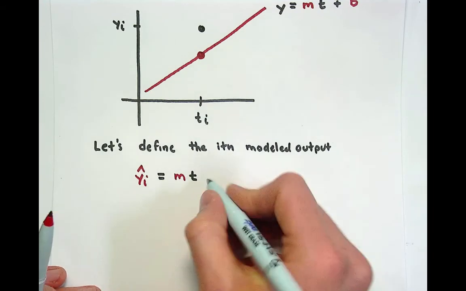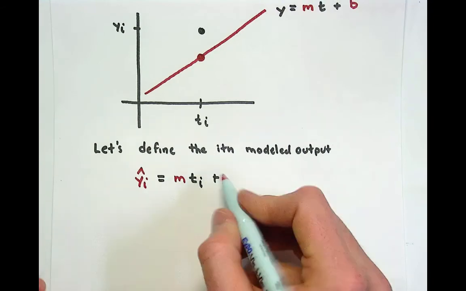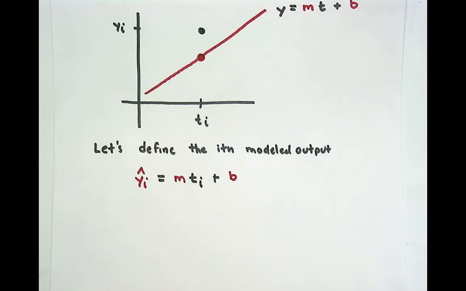Do you see the multivariable function there? Whoa, that's crazy, isn't it? m times t sub i plus b. Right?